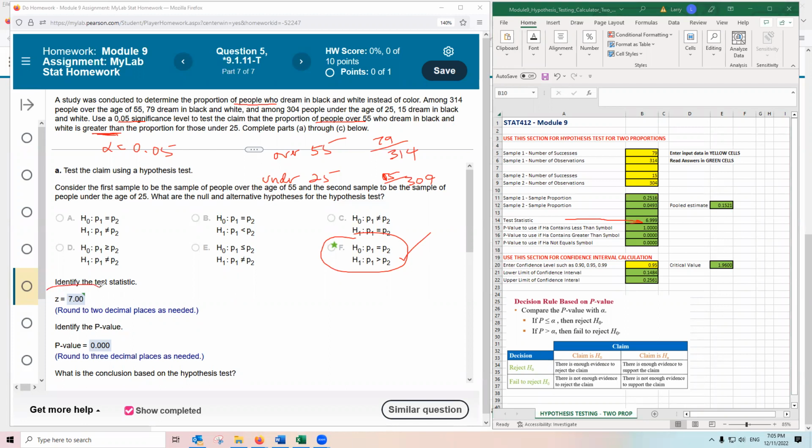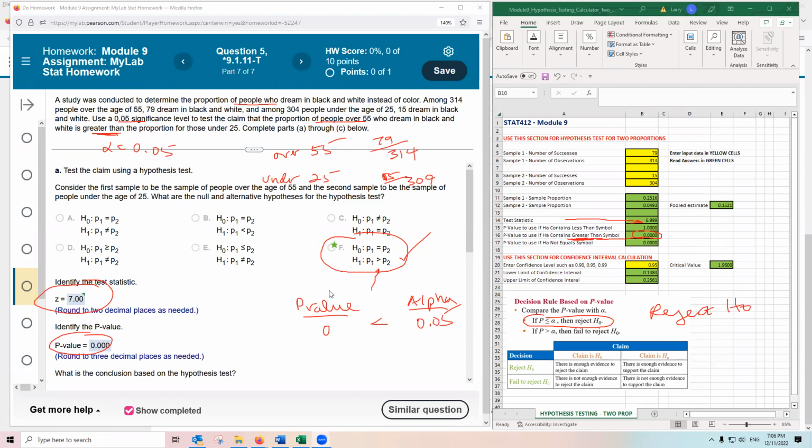We'll round that to 7. And the p-value, now notice this is a greater than symbol in the alternative. So I'm going to be coming to this row here, and it looks like the p-value is 0. Well, if the p-value is 0, that's definitely less than alpha of 0.05. If the p-value is less than alpha, reject the null hypothesis. So our decision here is reject the null hypothesis.